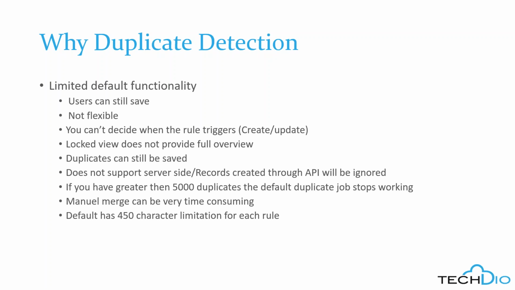For many organizations that is not sufficient, because the user is still able to save the record, which is the key challenge of having duplicates. The user still has the option to bypass the notification window and save it. And you don't have the option to decide whether the rule is triggered during create or update.